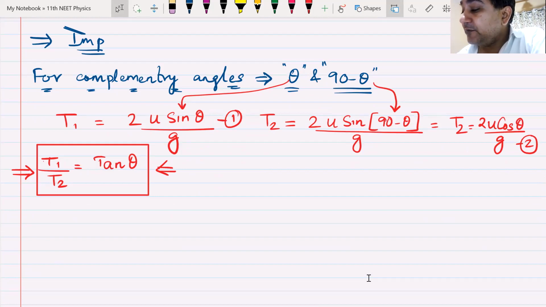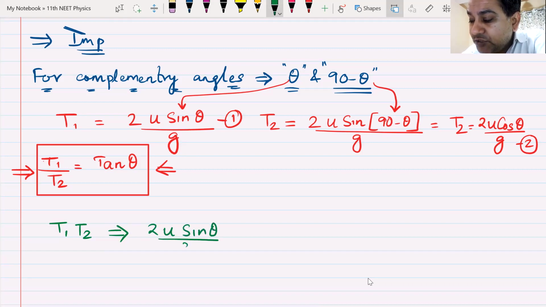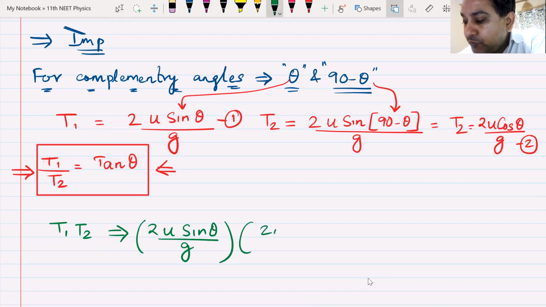Okay. Now there is one more formula that I can make here. T1 multiplied by T2 will be 2u sine theta by g multiplied by 2u cos theta by g.